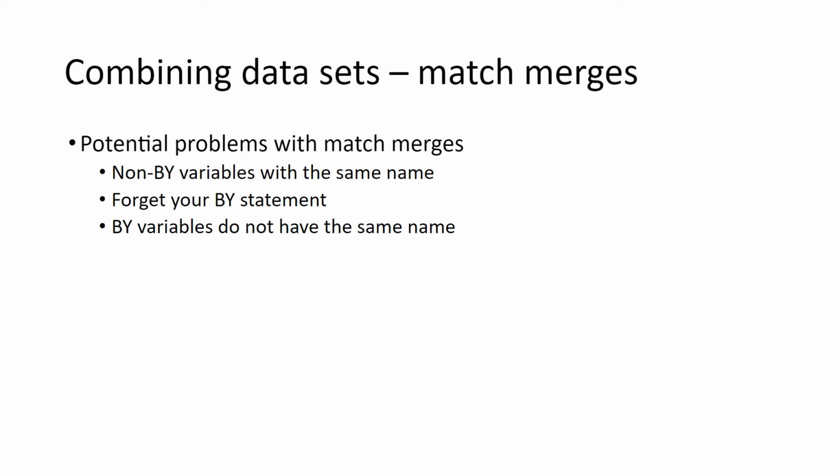If the non-by variables have the same name, these can cause an issue. Or if you forget your by statement and forget to sort, or if the by variables do not have the same name. Then you have to rename your by variables so that they both match in both data sets.